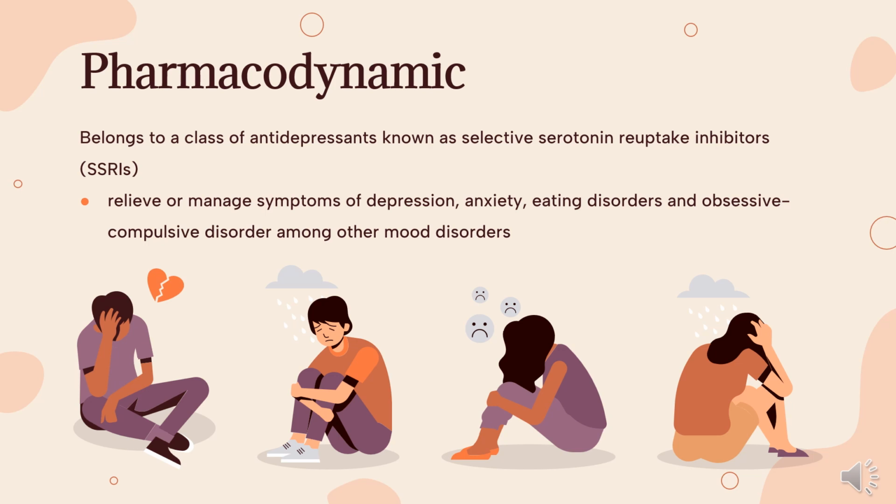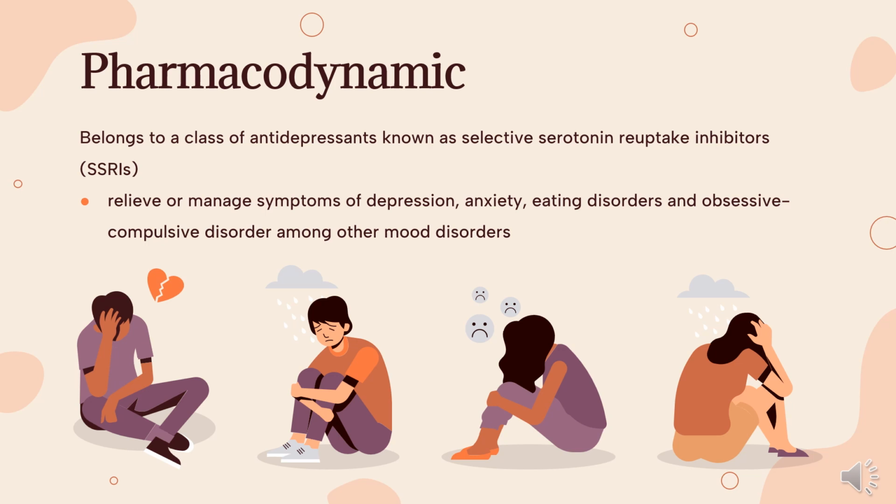Pharmacodynamics. Sertraline improves or relieves the symptoms of depression, OCD, post-traumatic stress disorder, panic disorder, and premenstrual dysphoric disorder via the inhibition of serotonin reuptake. Clinical studies have shown that it improves cognition in depressed patients.